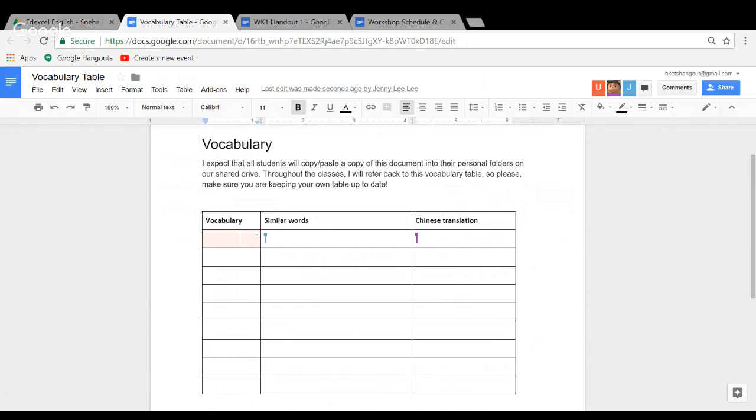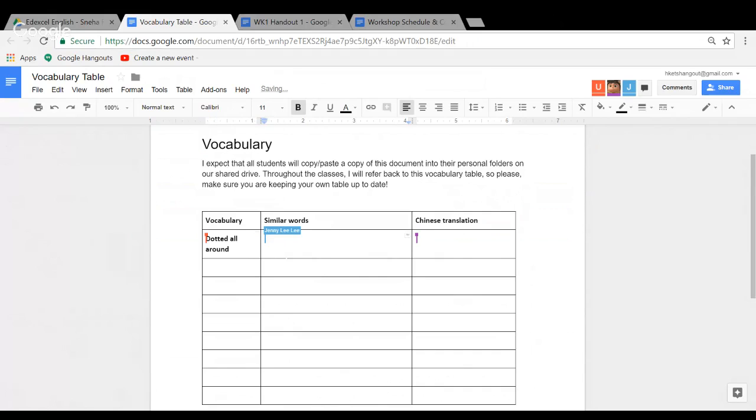A narrow sort of inlet, if you will, a narrow passage between the giant things. The focus is on dotted all around. Now the vocab that I will give you from that is dotted all around. So I'm not giving you one word, I'm actually giving you a phrase.